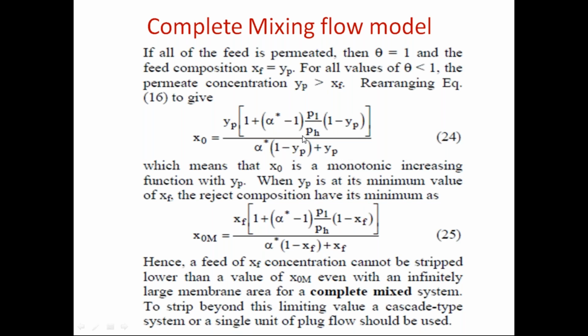So this complete mixing model very simply lets us analyze the given system, whether it is possible to proceed with that particular system for the separation, or whether we can use a single unit or multiple cascading units, or within the limits of the membrane, if you change the membranes, maybe some membrane will give us an alpha star value which is greater, and that may give a lesser XOM value.